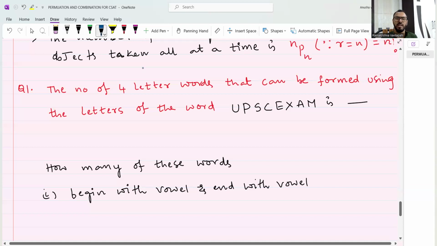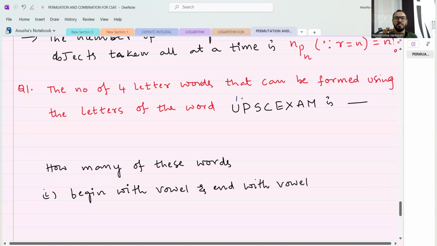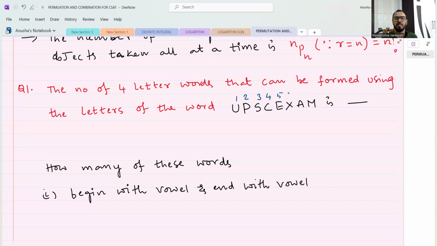You can think of that we have 8 objects. We want to frame 4-letter words, which means that out of these 8 objects, we have to select 4 objects and arrange them. In another way, what is the number of permutations of 8 objects taken 4 at a time?